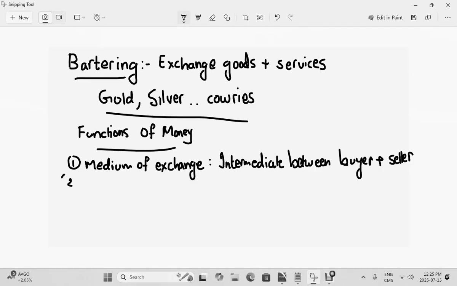Number two has to do with storage of value, or store of value. When it comes to things like your paper bills or even your coins, they do not depreciate over a period of time. Material wise, they're perfect for exchanging goods and services because you need something that is stable.